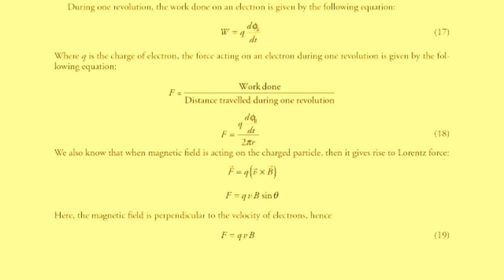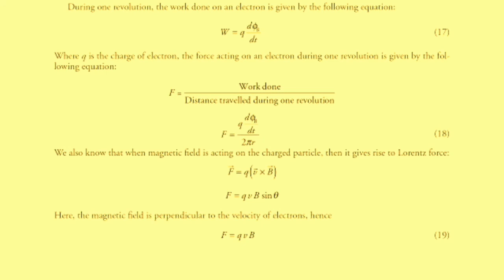Now, the force acting on an electron during one revolution is given by work done divided by distance traveled during one revolution, and by substituting the value of work done from the above equation, we get force F is equal to Q d phi B upon dt by 2 pi r.